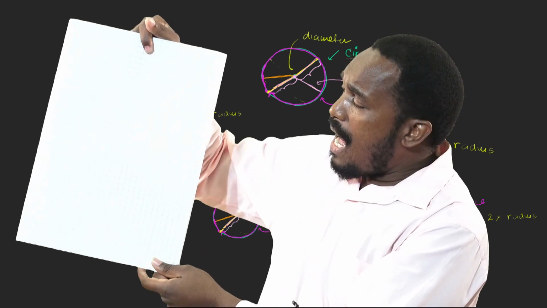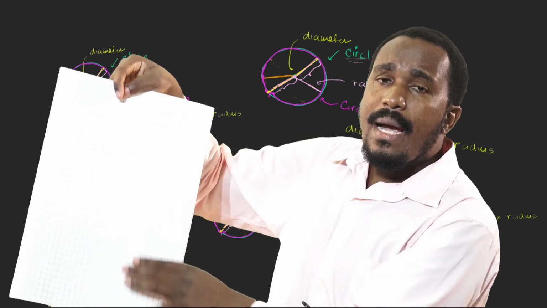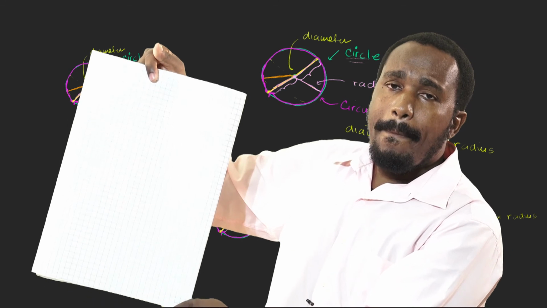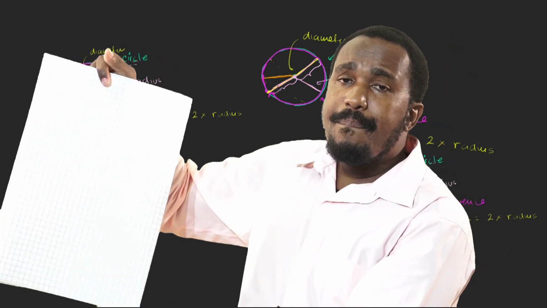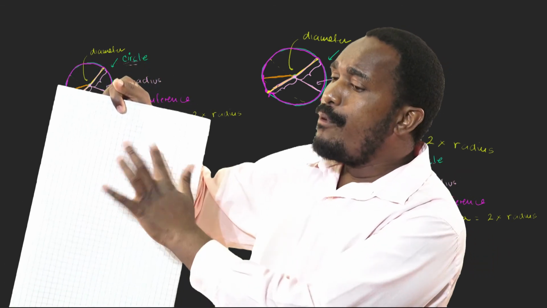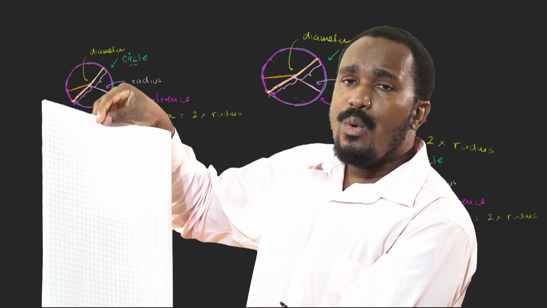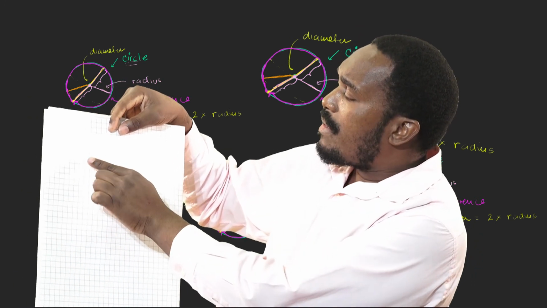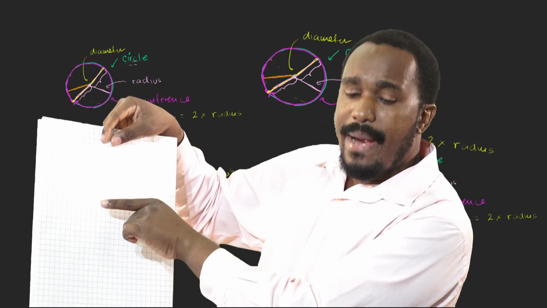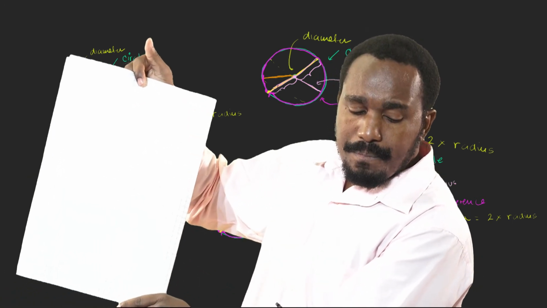After drawing that circle, you count the boxes or the squares that have been fully covered by a circle. You count the squares that have been covered by a circle. I will show the picture.